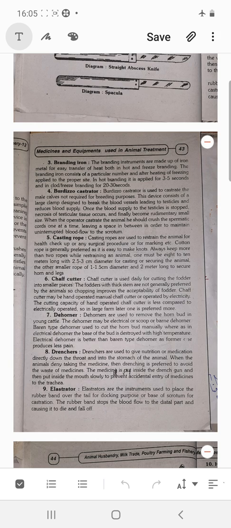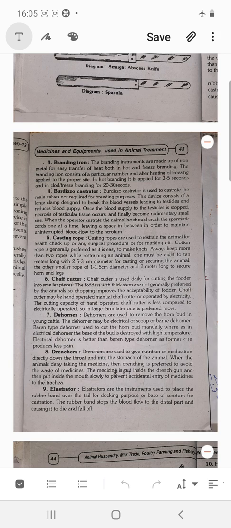Casting ropes are used to restrain the animal for health checkup or any surgical procedure or for marking, etc. Cotton rope is generally preferred as it is easy to make knots.